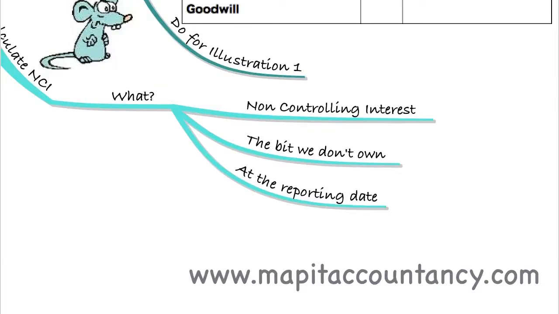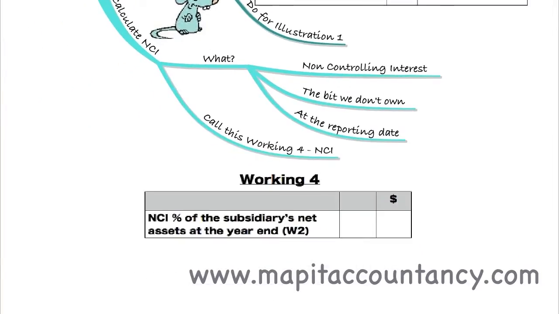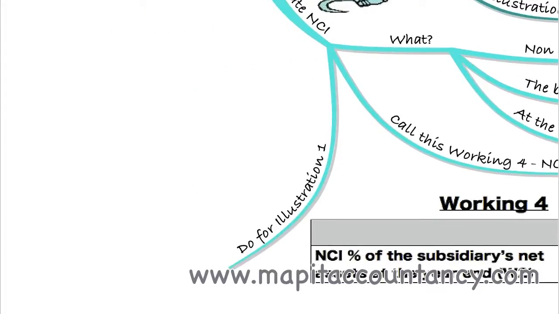So working 4 will be the non-controlling interest's percentage of the subsidiary's net assets at the reporting date or at the year end, depending on when you're asked. So the non-controlling interest percentage of the subsidiary's net assets, and that's our non-controlling interest. And we did that for illustration 1 as well.